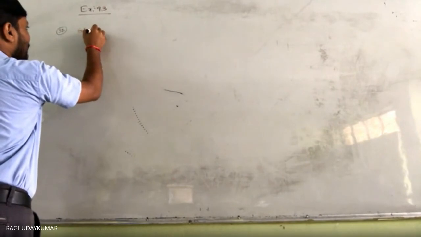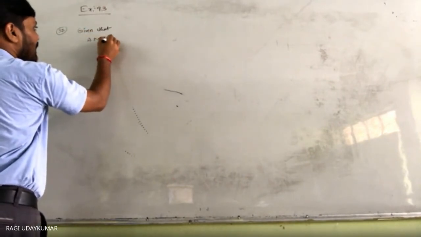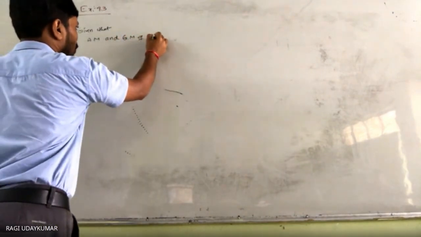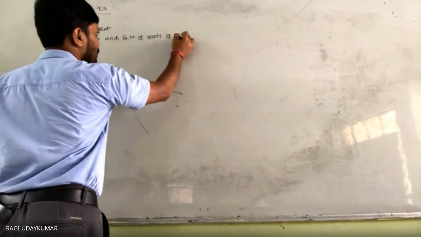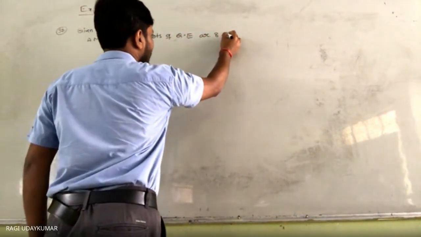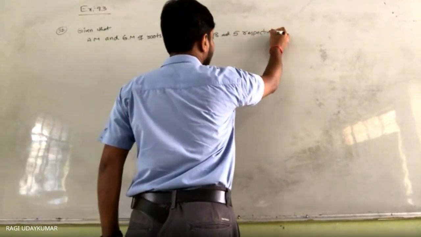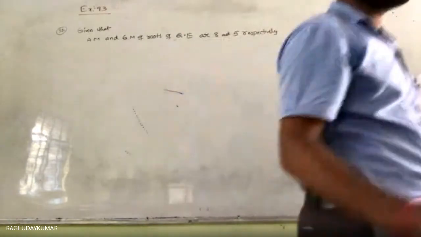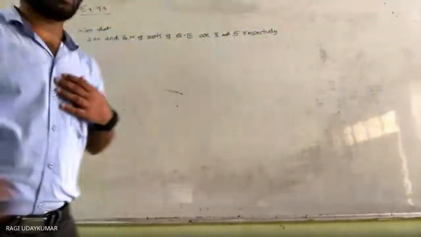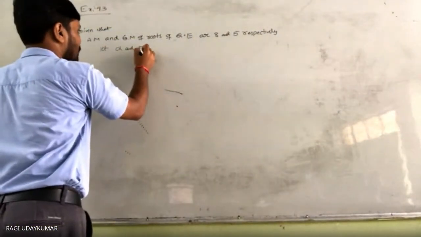Given that the arithmetic mean and geometric mean of the roots of a quadratic equation are 8 and 5 respectively, we are asked to obtain the quadratic equation. Let alpha and beta be the roots.